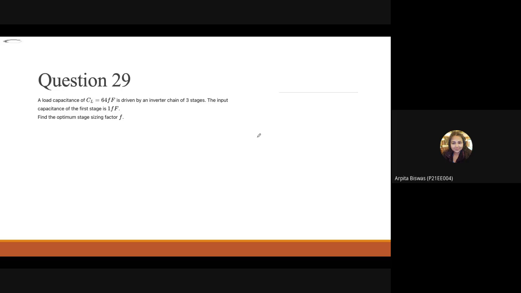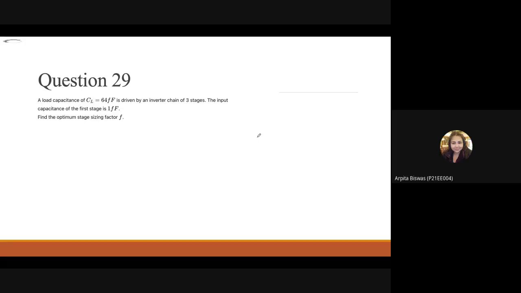Find the optimum stage sizing factor F. So you have to find out the value of F. Tell me how to calculate. Answer is 4, ma'am. Yes, answer is 4.